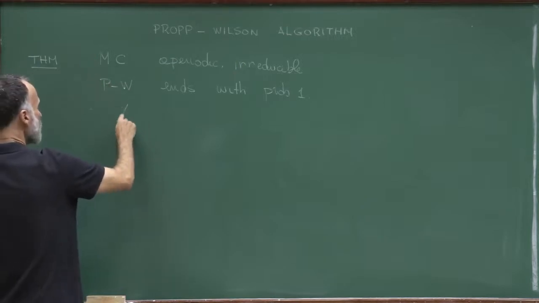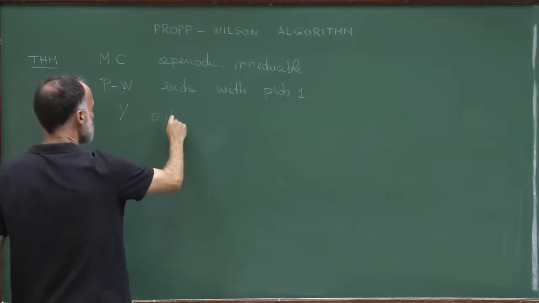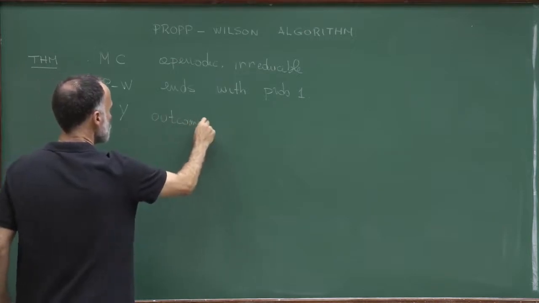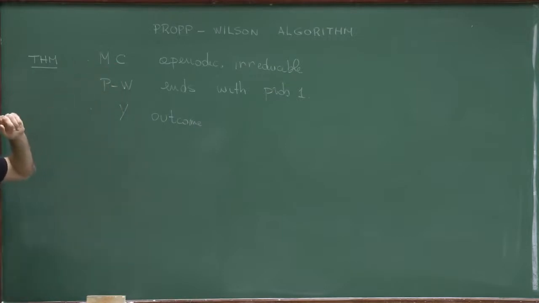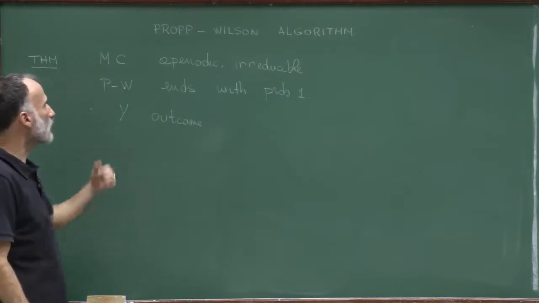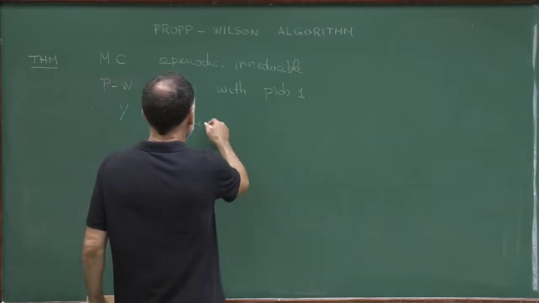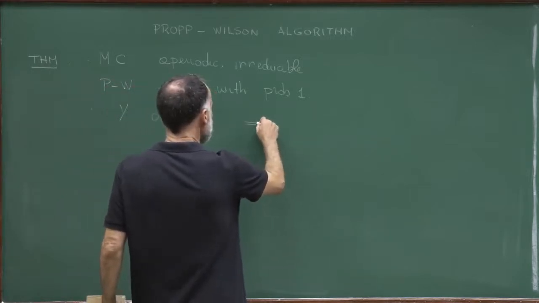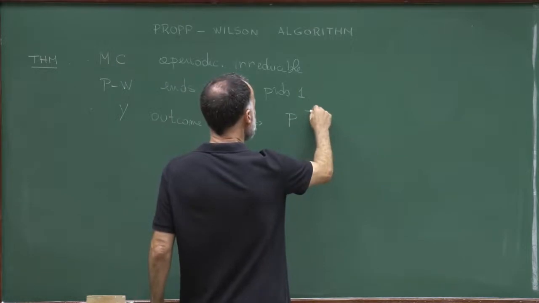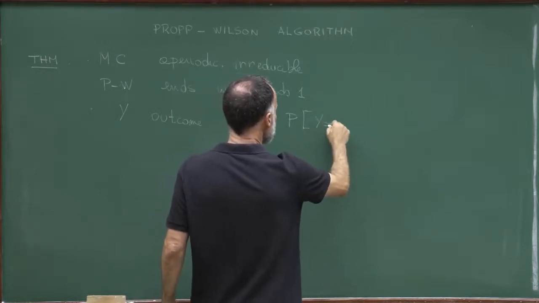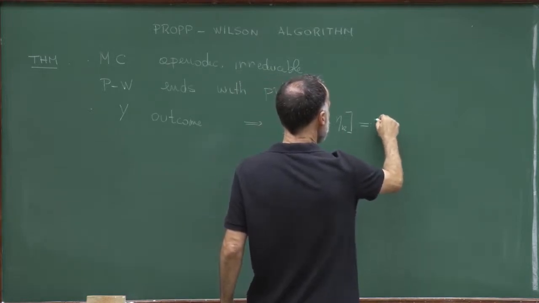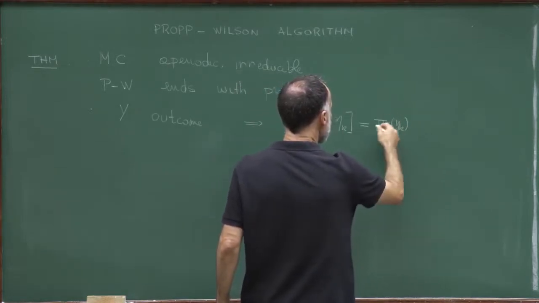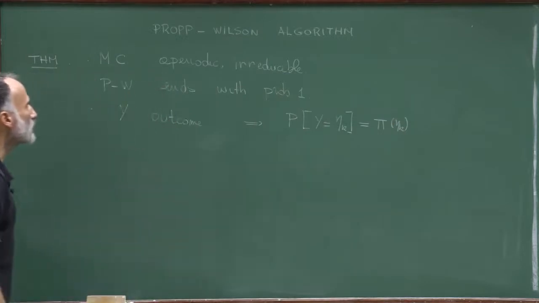Let's represent by y the outcome, the value that the Propp-Wilson algorithm provides. Then what I claim is that the probability that y is equal to a configuration eta k is exactly equal to pi of eta k, where pi is the unique stationary measure for the Markov chain.